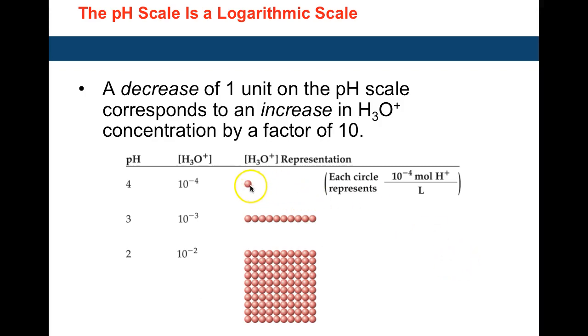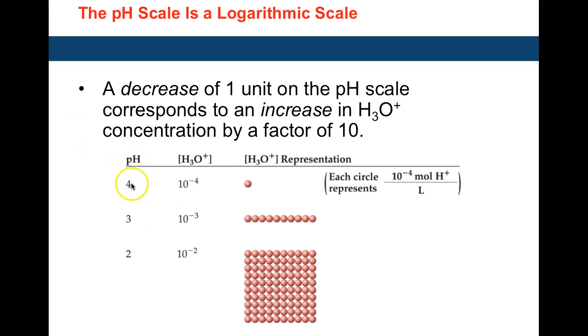If you look at these circles as representing a concentration of 10 to the negative 4 molar, moles per liter of hydrogen ions, then 10 to the negative 3 is going to be 10 times that.